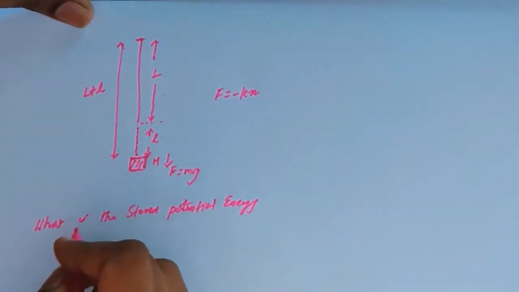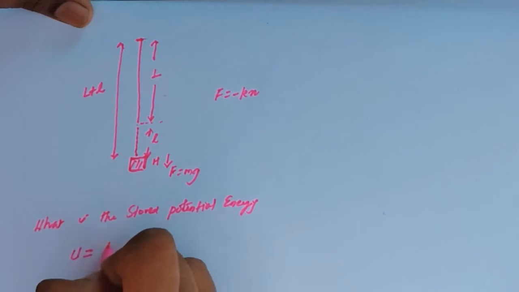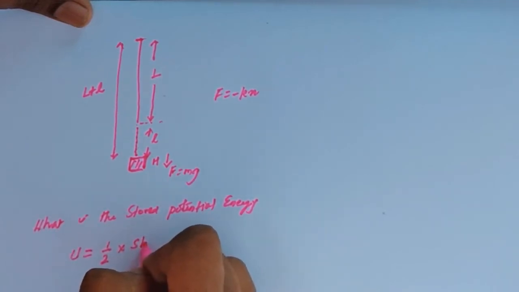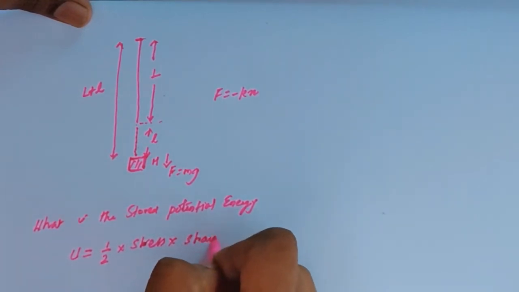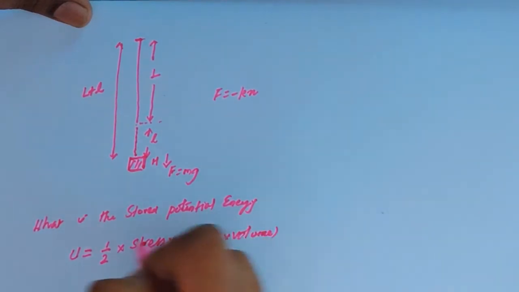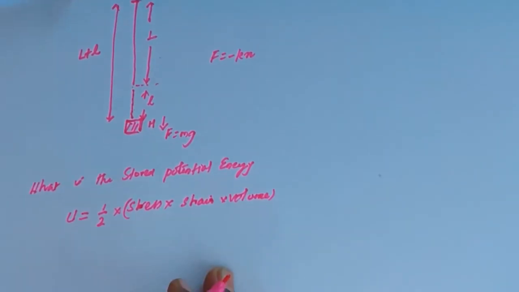From there one can calculate the stored elastic potential energy. That would be equal to half times the stress times the strain times the volume of the wire. This is the stored elastic potential energy in the wire.